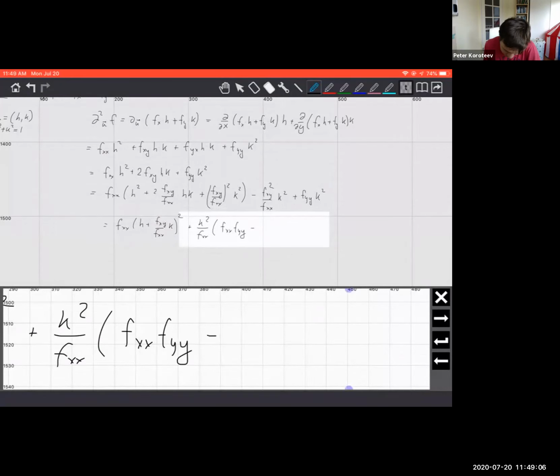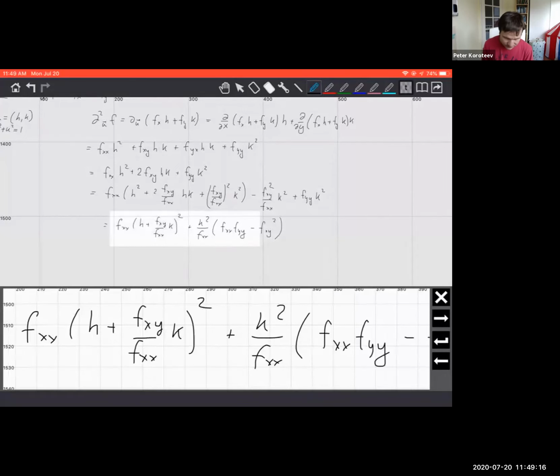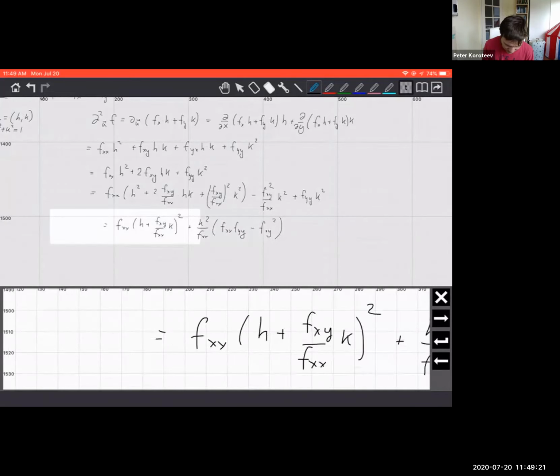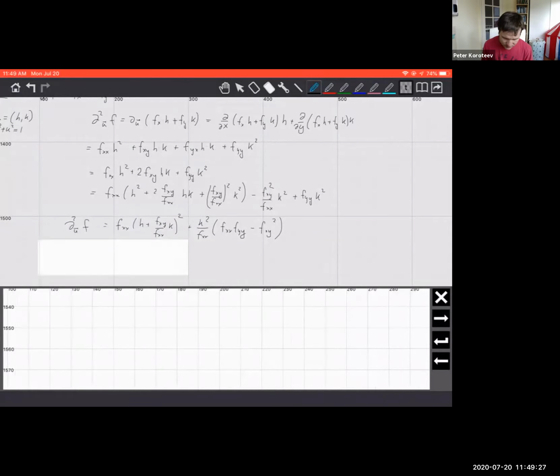We're grouping these terms together, fyy squared. Okay, so that's what we get after the calculation of this thing. I remind you that's the second derivative, it's d2u f, given by this formula.